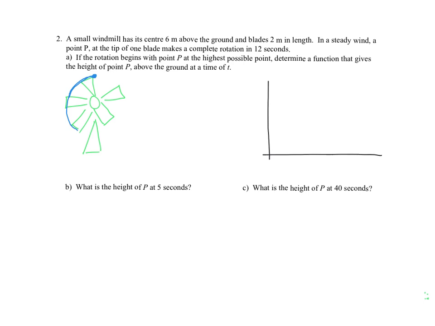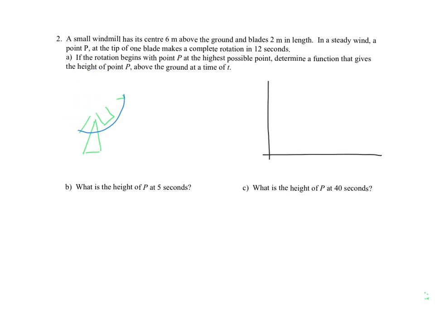So a couple of things we can take from that horrible picture I've drawn: we're starting at our highest point, and as point P rotates around, it creates that circle, which we can unravel to draw as a curve. That would unravel to represent a sine or a cosine function.